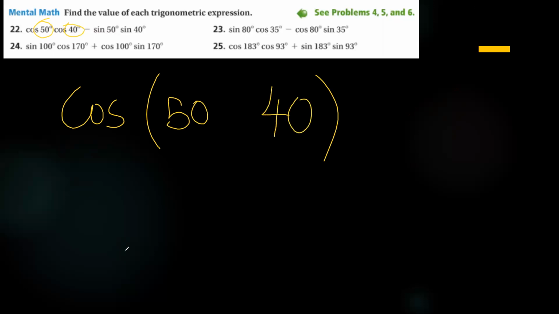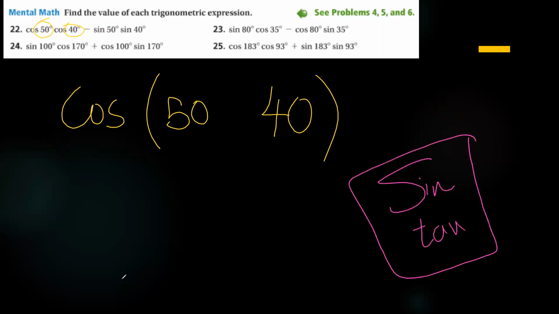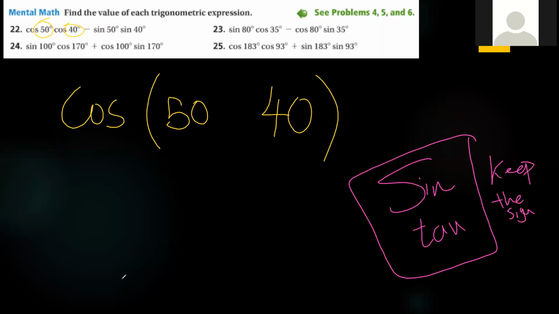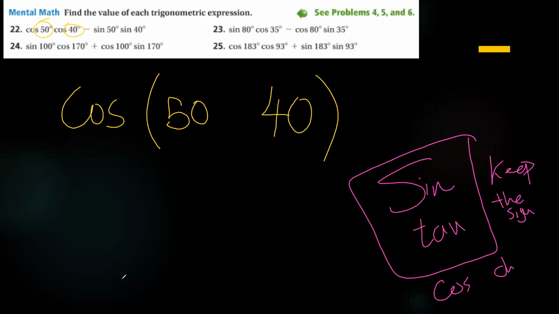Remember now, I told you before that for the sine and for the tan, you will keep the sign. And for the cosine, you will change it. So that means I'm talking about cosine, and that means I changed the sign. Since I changed the sign and it was negative, I will write it here positive.